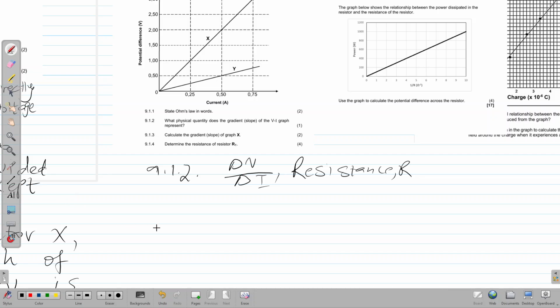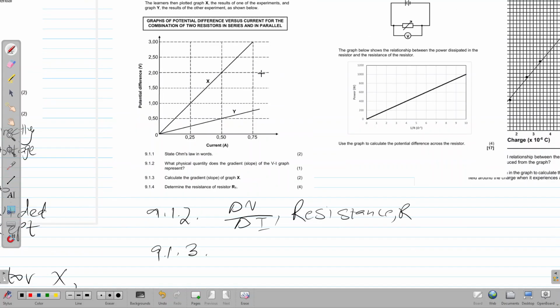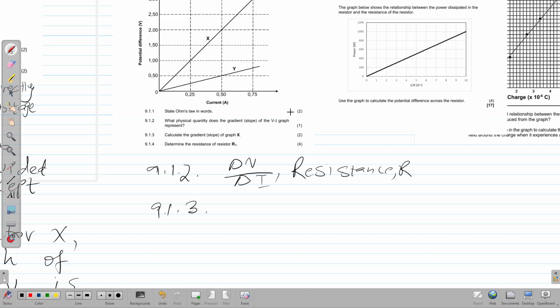Right, and then 9.1.3, calculate the slope of graph X. You just select any two points to calculate the slope. In this case, I'm going to select the origin and another point, 2 and 0.5. The gradient is the change of the variable on the y-axis divided by the change of the variable on the x-axis.